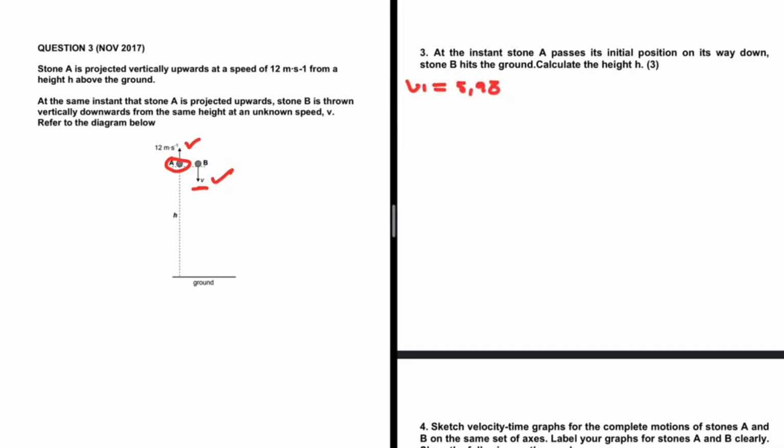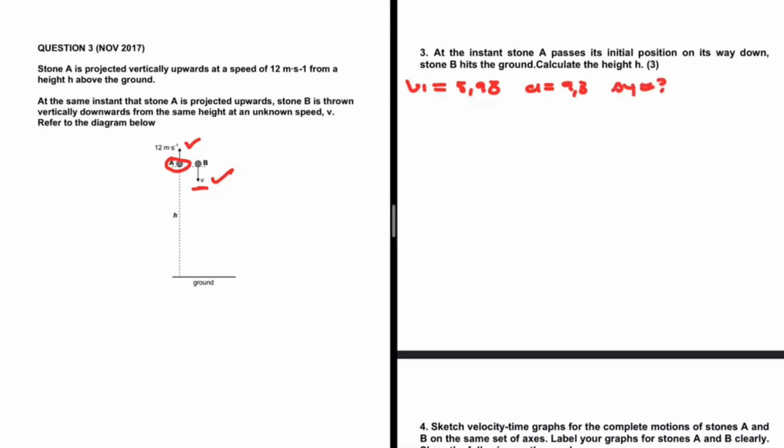It's what we just calculated above, the value of v. And then the acceleration, 9.8, obviously. And then it's supposed to calculate the height h. The displacement of stone B as it strikes the ground will be the height h, right? So delta y, it's what we are interested in.